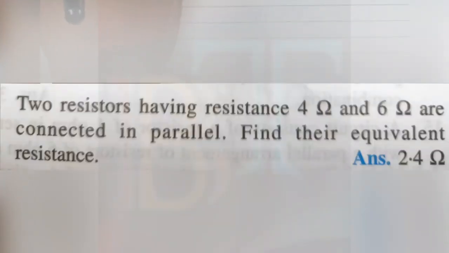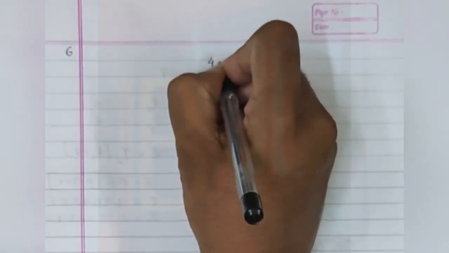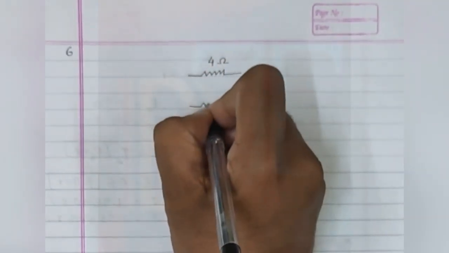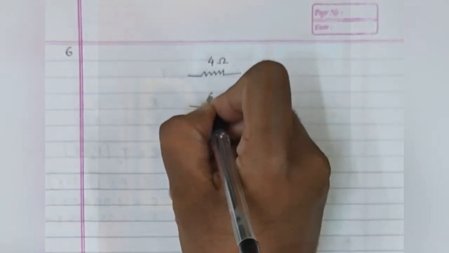The next question is, two resistors having resistances 4 ohm and 6 ohm are connected in parallel. Find the equivalent resistance. So here this is 4 ohm resistance and this is 6 ohm resistance.